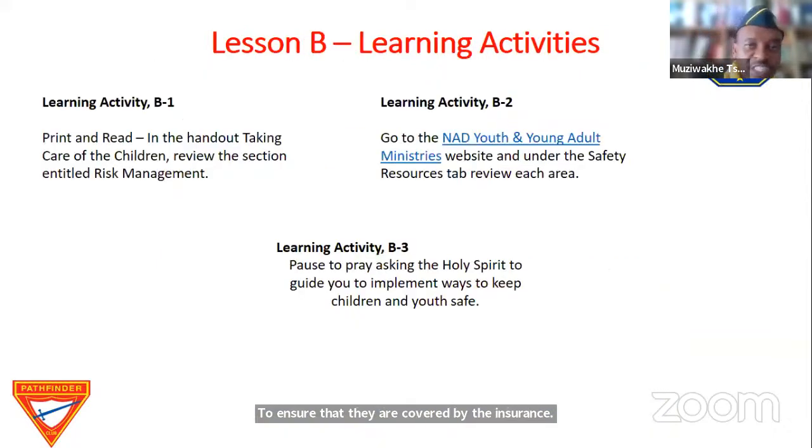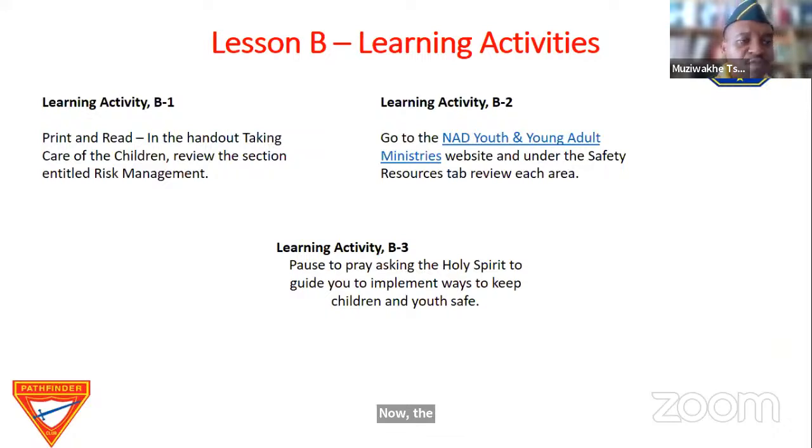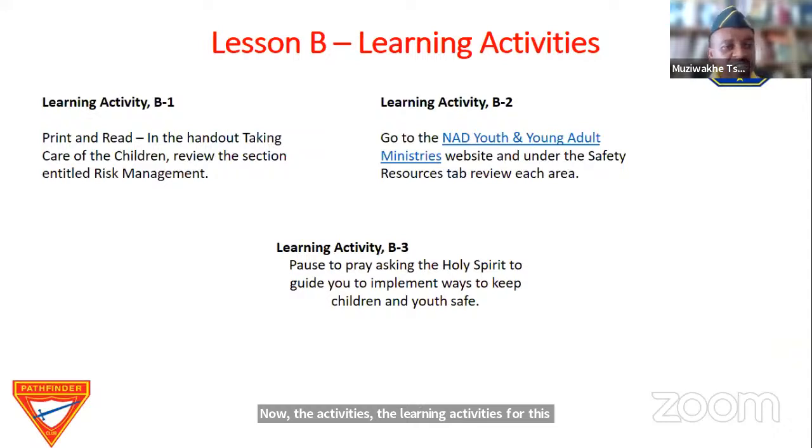Now, the learning activities for this, leaders, I will really encourage you to print and read the handout that is entitled Taking Care of the Children, and also to review the section entitled Risk Management.